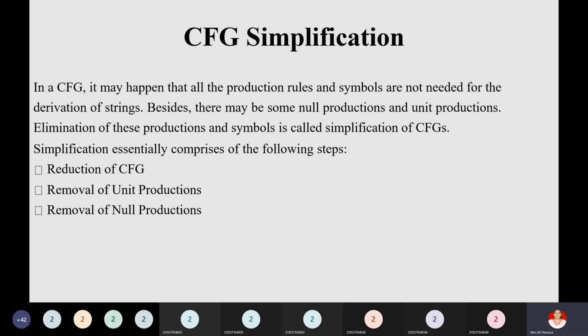Besides, there may be some null productions and unit productions. Elimination of these productions and symbols is called simplification of CFG. The simplification essentially comprises the following steps: reduction of CFG, removal of unit production, removal of null production. We'll see one by one.